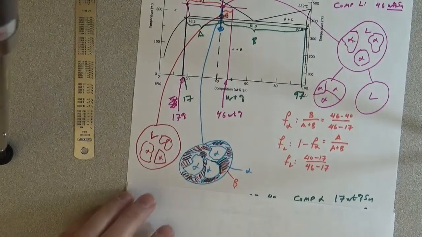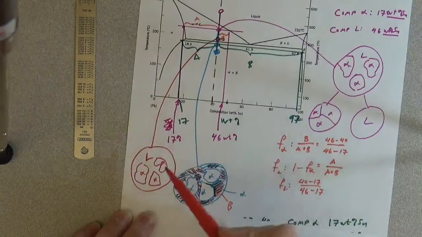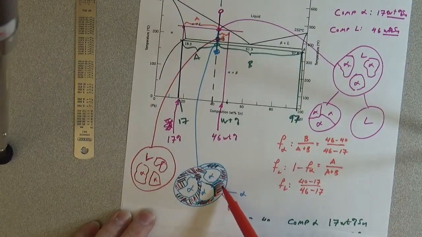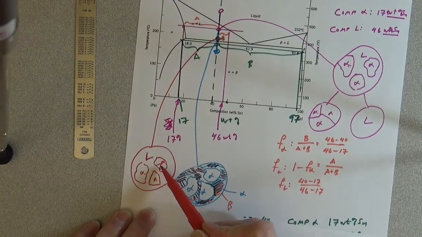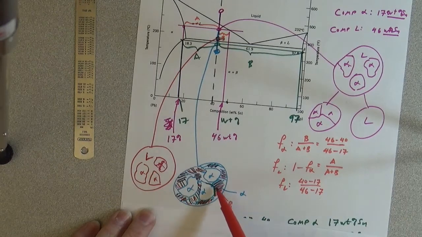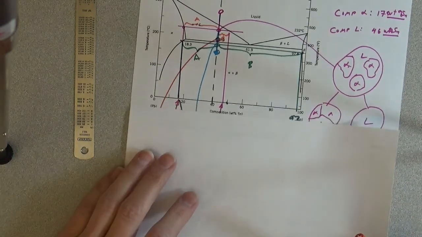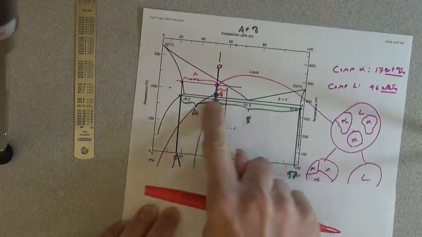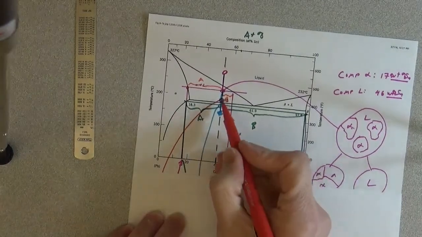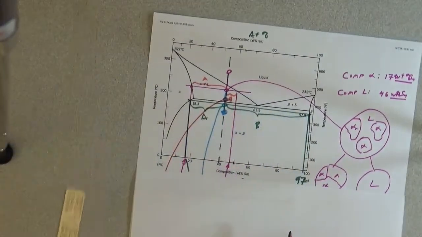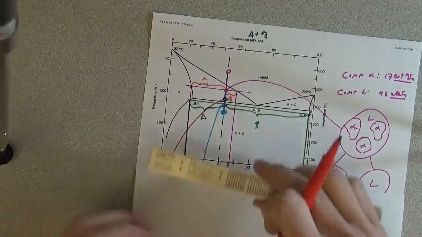So if we can go back and determine the phase fraction of liquid, that'll tell us the amount of microconstituent made up of the lamellar microstructure. And we can do that again by drawing tie lines. So right above the eutectic temperature, we'll draw a tie line.